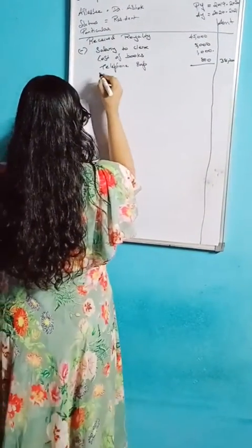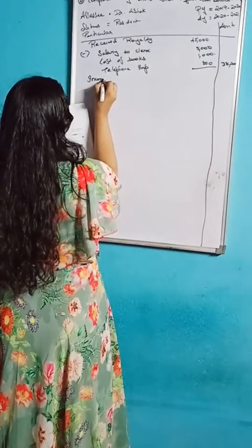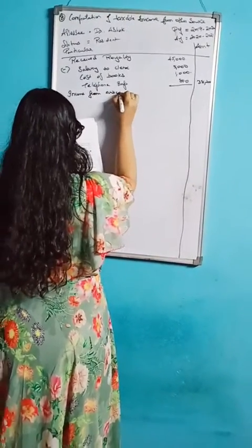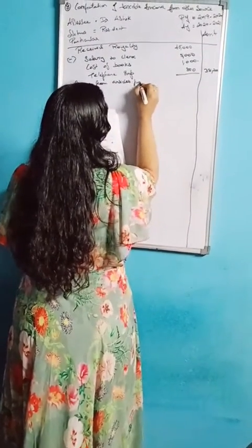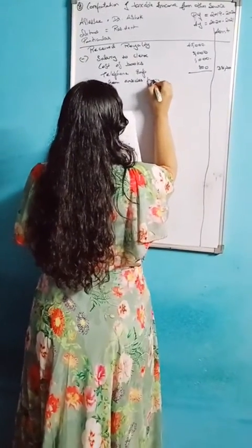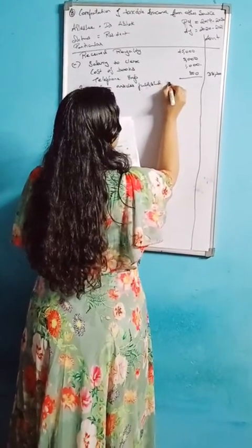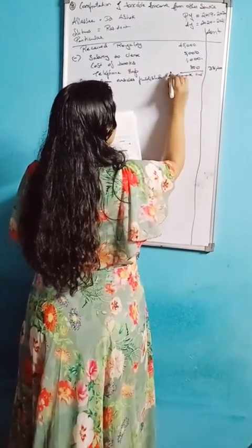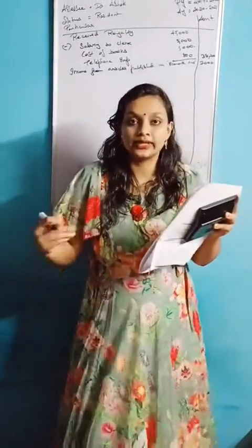So your income from articles published in Economic Times, that is 7,000. Next you will get the subletted portion.